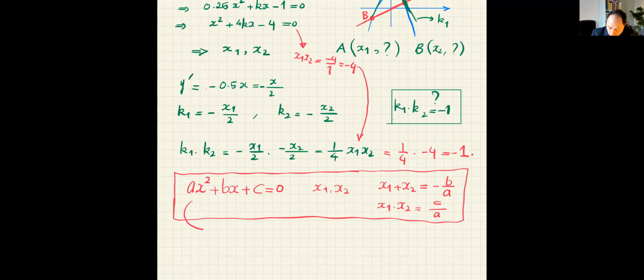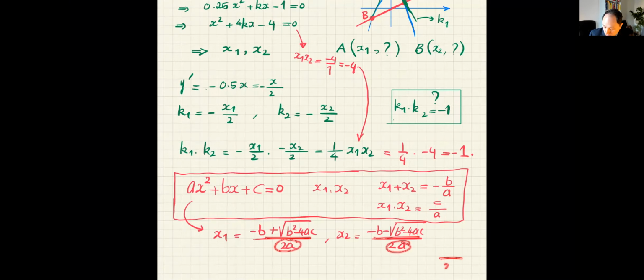Because here I know that x1 is minus b plus square root of b squared minus 4ac divided by 2a, and then x2 is minus b minus square root of b squared minus 4ac divided by 2a. It is completely clear if I add these two, because these two have the same denominators, I will write the same denominator, and then I will add the numerator here to the numerator there.